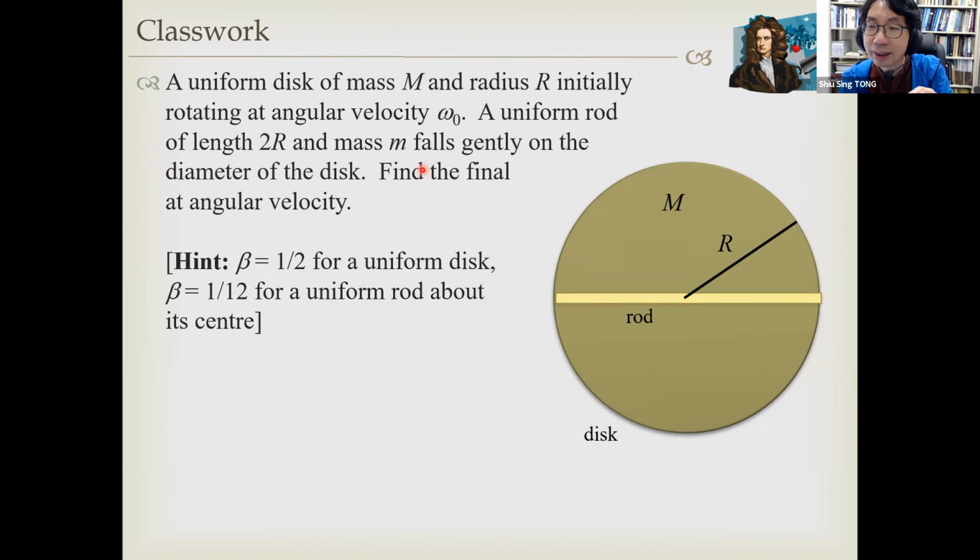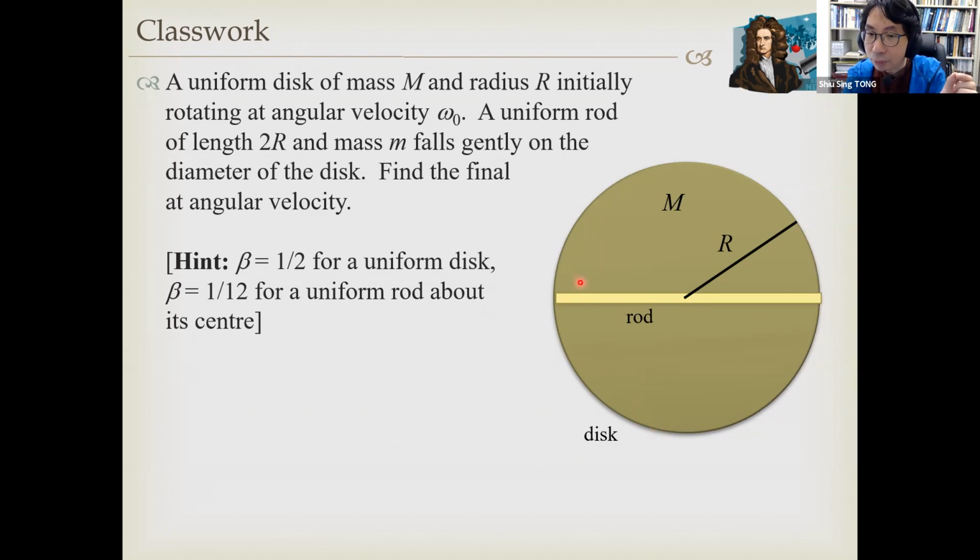And the rod, with mass small m, is released gently along the diameter of the disk. So eventually, because of the frictional force between the rod and the disk, the rod and disk rotate together with a common angular velocity. So now you are required to find out that common angular velocity.